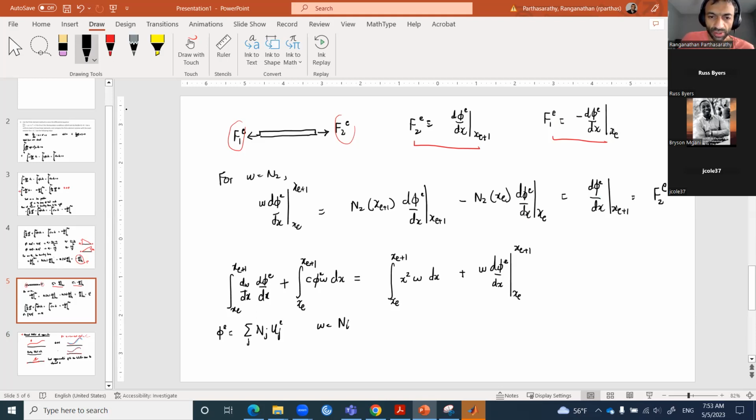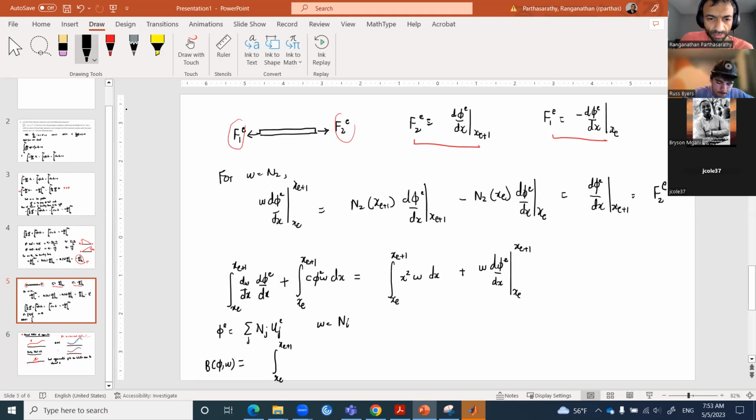So when we substitute these two, we will get the left-hand side term, which we call d phi. This is just usually left-hand side is indicated as b. That's all. So integral xa to xa plus 1 dNi by dx and summation over j Mj.